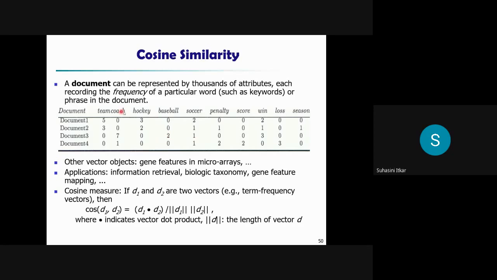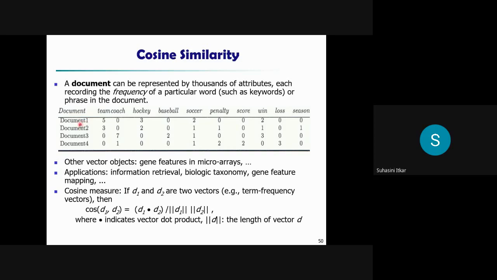So here you may observe what is given. A document can be represented by thousands of attributes, each recording the frequency of a particular word or phrase in a document.